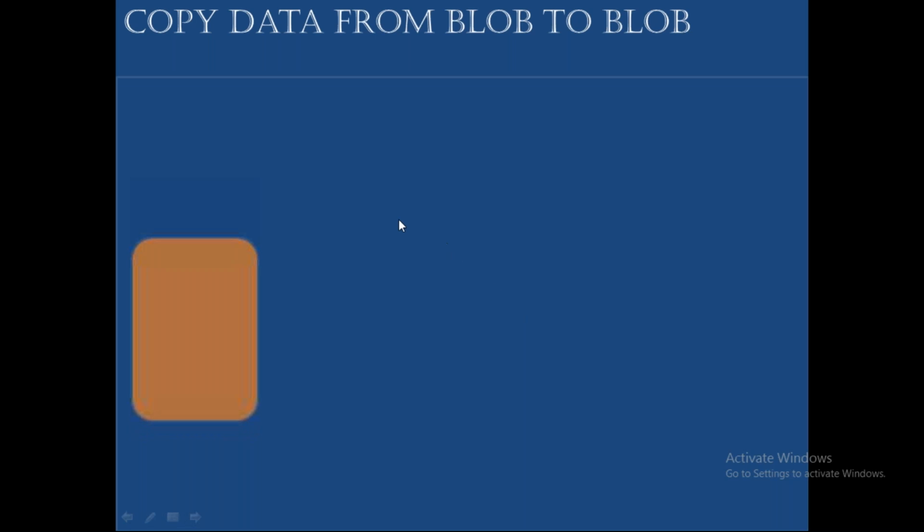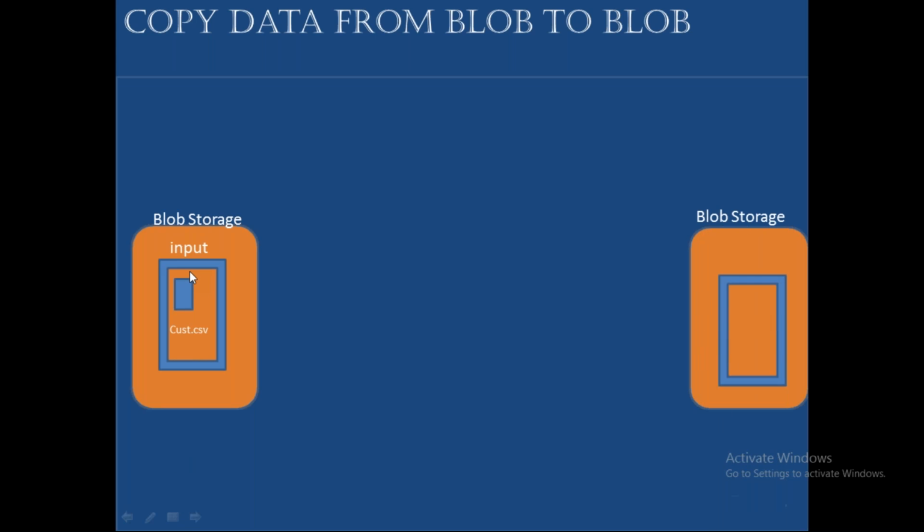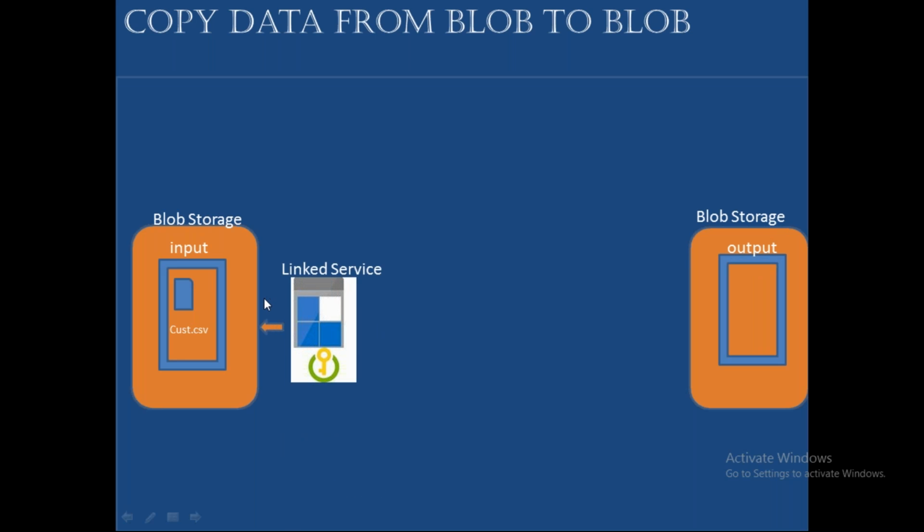Copy data from blob to blob. So we know how you will copy data from blob to blob, right? You have a blob storage, inside that you will have an input container. Let's say you have cush.csv, and I want to move it into the same blob storage, where I have an output container. How will you move it? First create a linked service, then read that particular file. For reading that file, I'm going to create an input data set, then use a copy activity to copy this file.